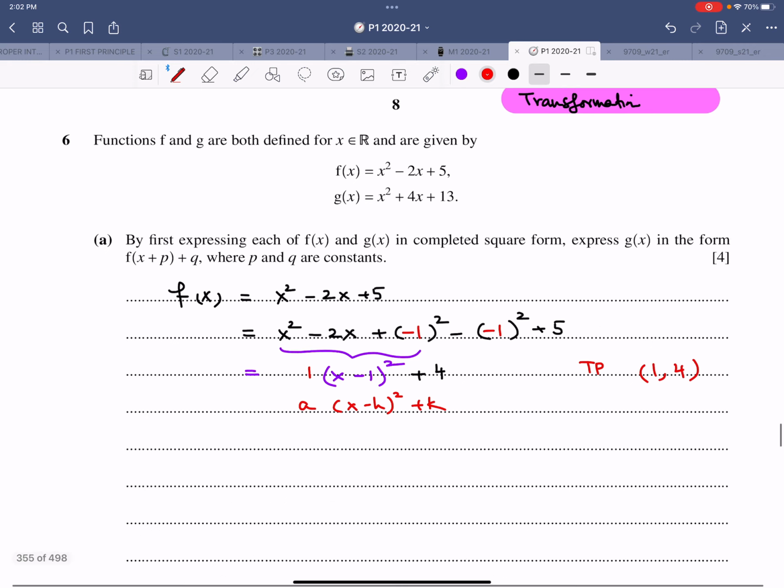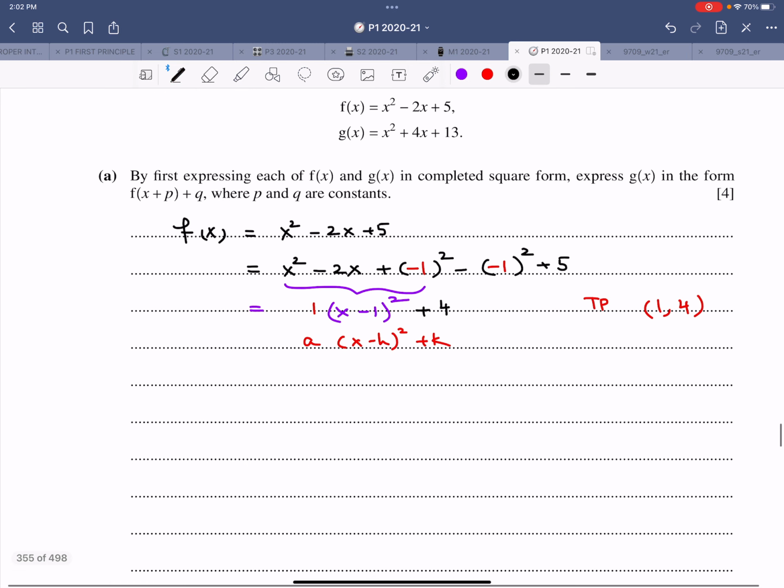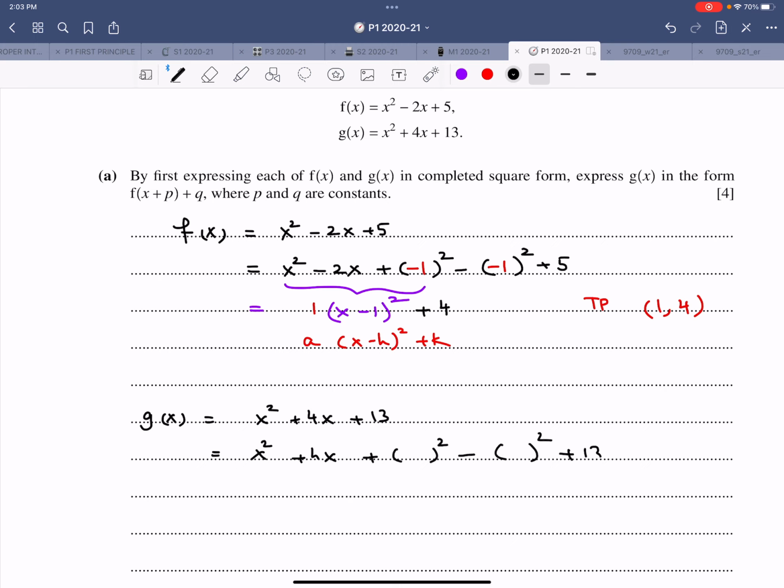Now let's focus on gx. Gx is x squared plus 4x plus 13. That is x squared plus 4x plus bracket squared minus bracket squared plus 13. What goes inside the bracket? Plus 2. What happens next? Rewrite the first 3 terms as a perfect square.